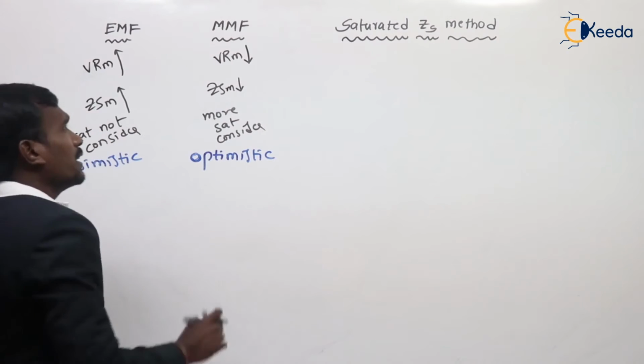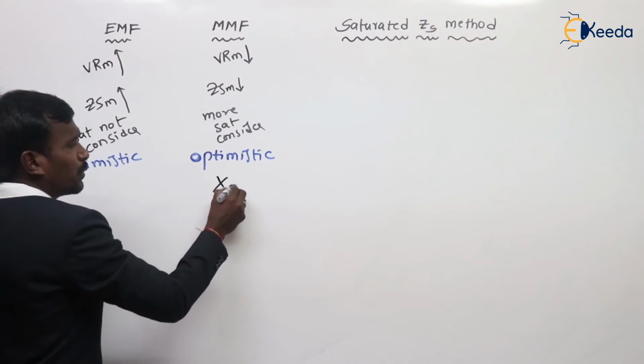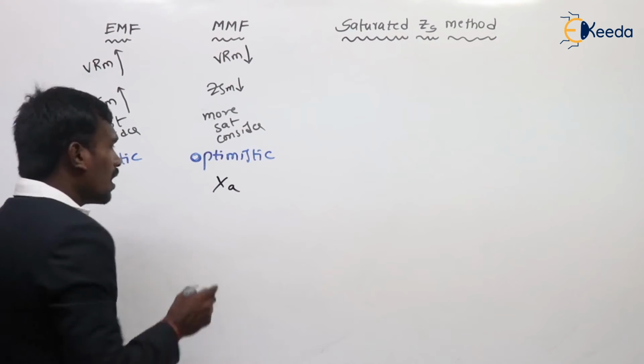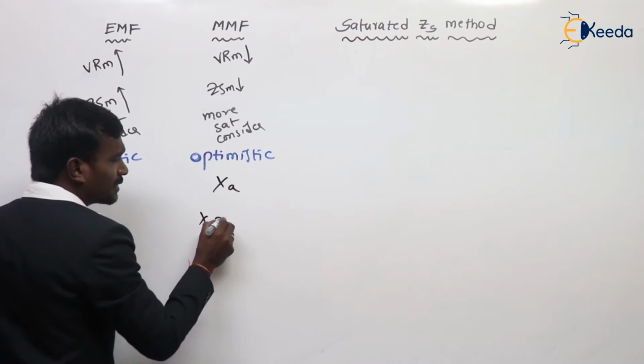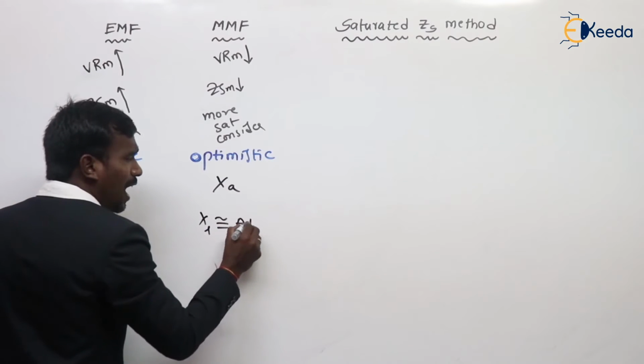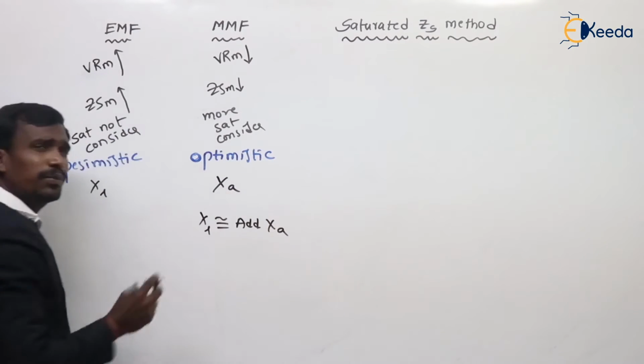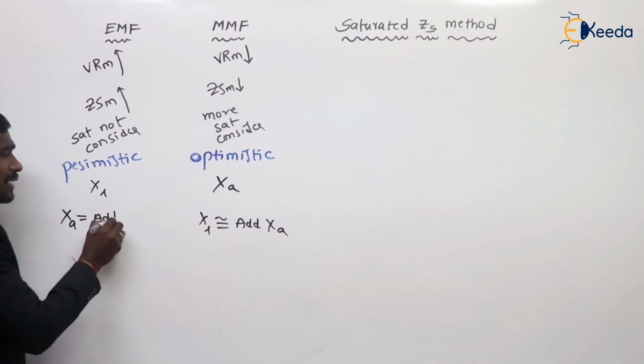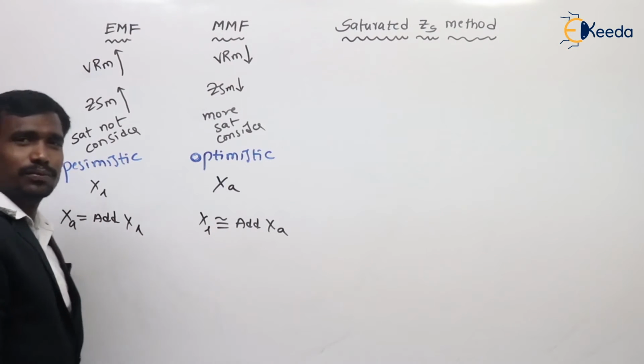And also, here the total drop is due to XA, and here the total drop is due to XL. Here the drop due to XL is considered as additional XA drop. Here the drop due to XA is considered as additional XL drop.